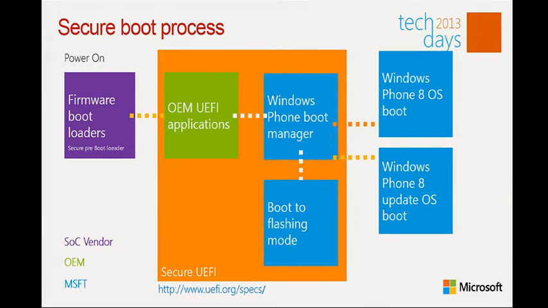And of course, in this case, it will not go to the operating system. It stays in the UEFI and starts what we call the boot flashing mode. Normally, it never happens. I hope it never happens to you as well. You can consider that as a blue screen, and the phone is blocked. Most of the time, when it happens, you have to bring it back to the constructors or to the store and say something's wrong, and they've got the tools to reflash the phone with a new operating system.